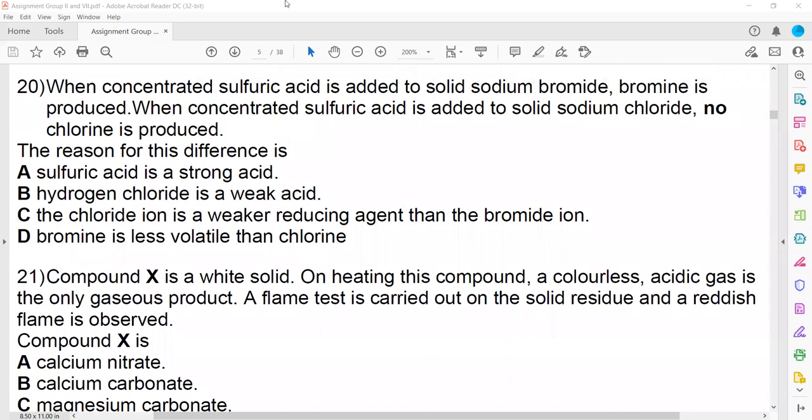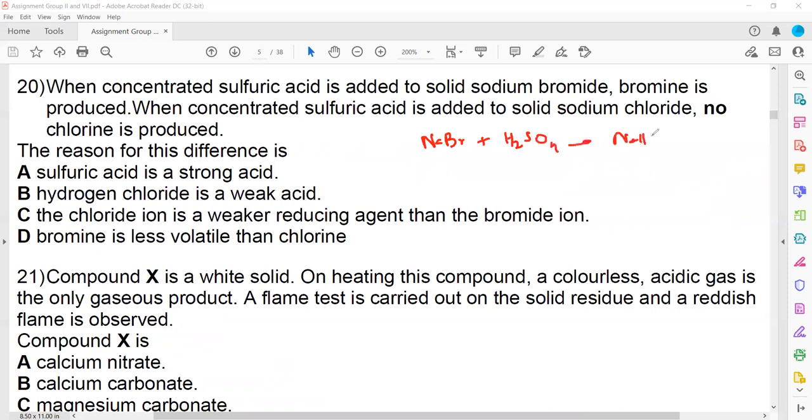When concentrated sulfuric acid is added to sodium bromide, bromine is produced. When concentrated sulfuric acid is added to solid sodium chloride, no chlorine is produced. What is the reason? When sodium bromide reacts with sulfuric acid, first there is an acid base reaction.